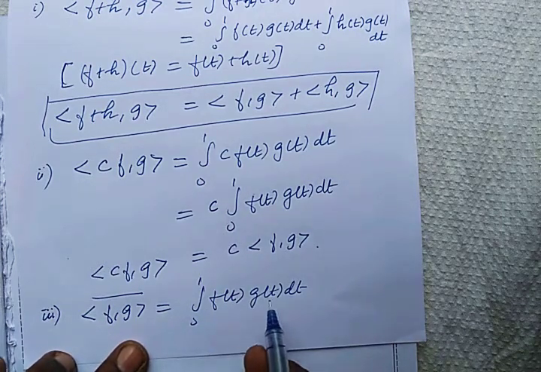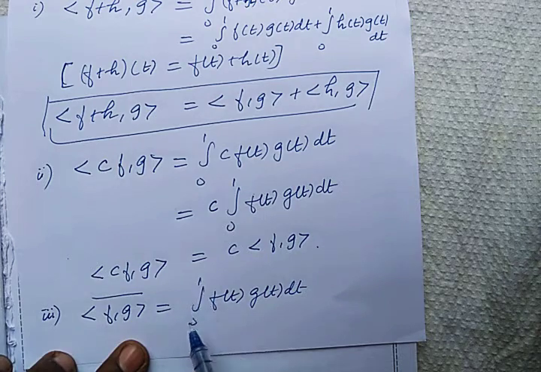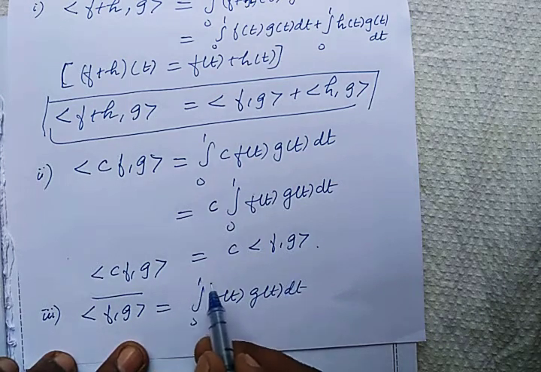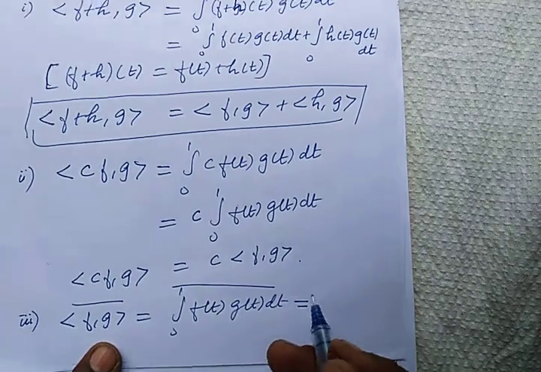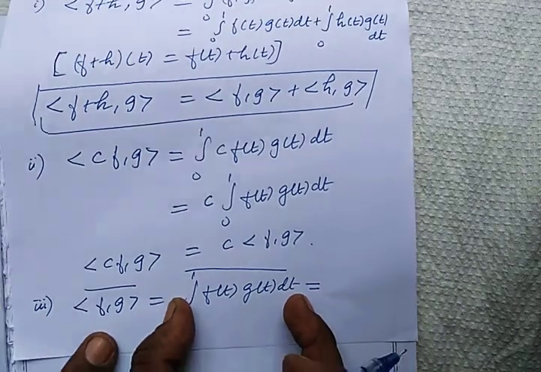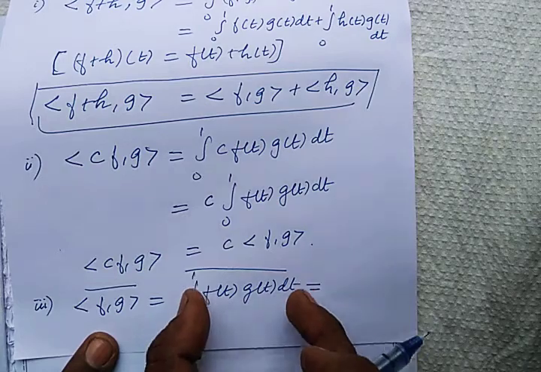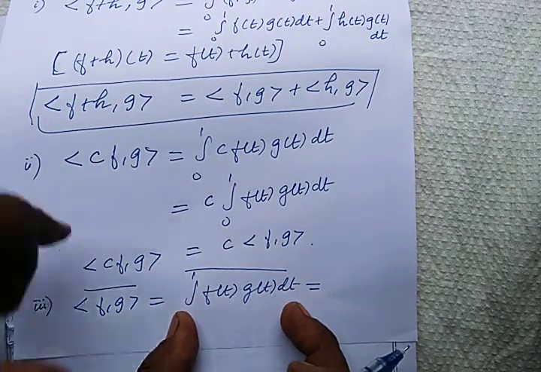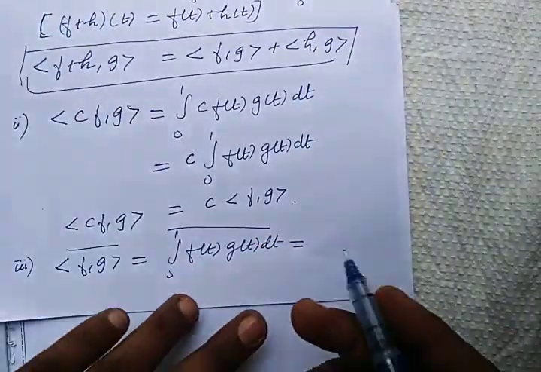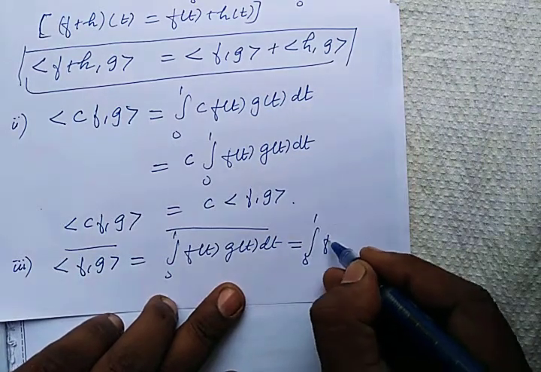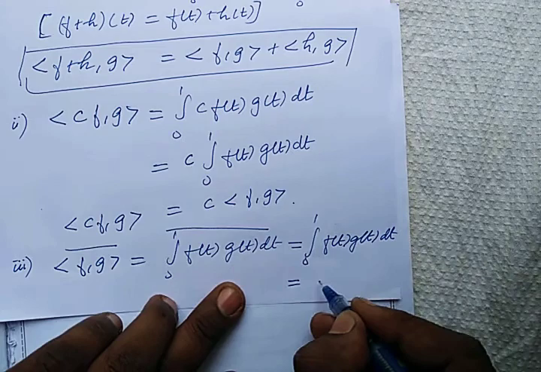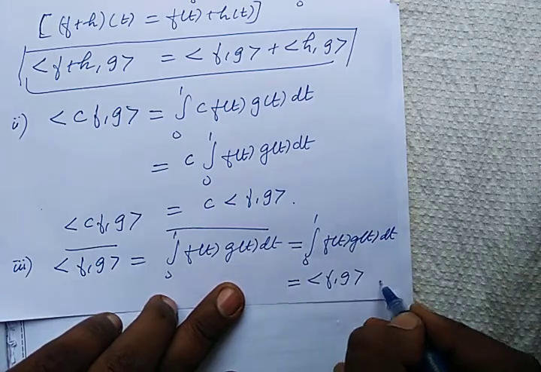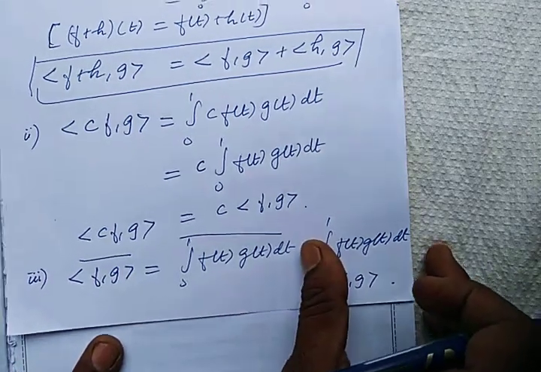It is a real valued function over the real interval, so the bar makes no difference, as the complex conjugate of a real number is the same real number. So this is equal to the inner product of f comma g. The third condition also holds.